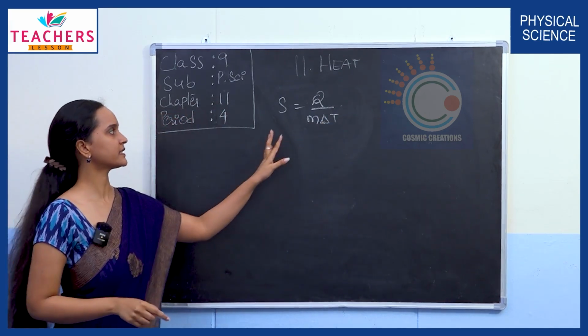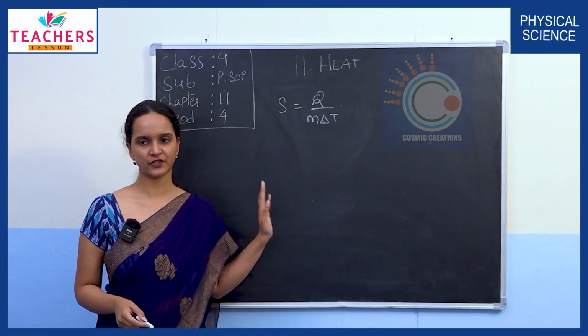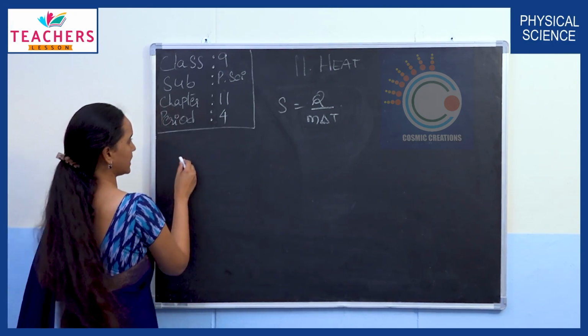See, by looking at this equation itself, we can define specific heat capacity, right? How can I do that?